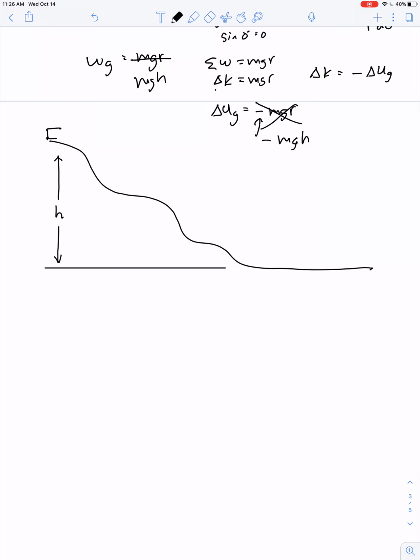Would you guess that an object of mass m that slides down this track and ultimately ends up at the bottom, provided this is a frictionless track, it ends up at the bottom moving with some velocity v, it has mass, therefore it has kinetic energy. Where did that kinetic energy come from?